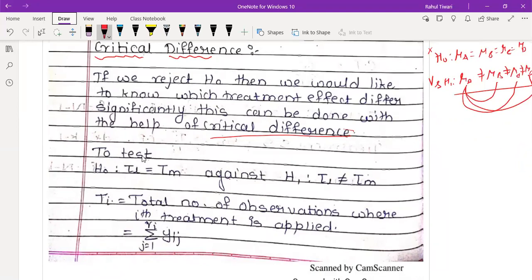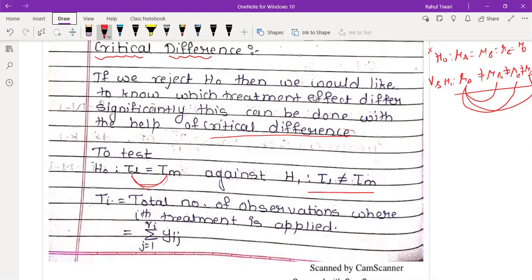So to test this, you can write notations. It's just notation. We write tau i equal to tau j. Similarly, we have tau L is equal to tau M versus tau L is not equal to tau M. So now I'm comparing only two treatments.